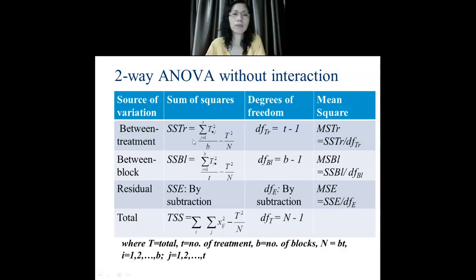These are the formulas that are being used, and these are the degrees of freedom. You need to know how to build this two-way ANOVA table. And this is the mean square, and from this mean square you can compute the F statistic value.